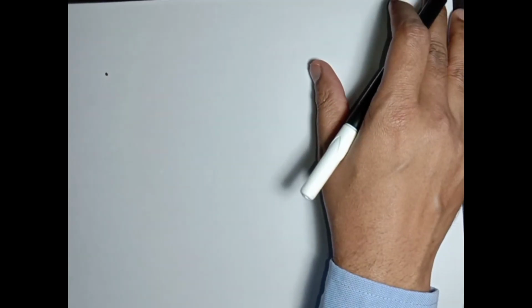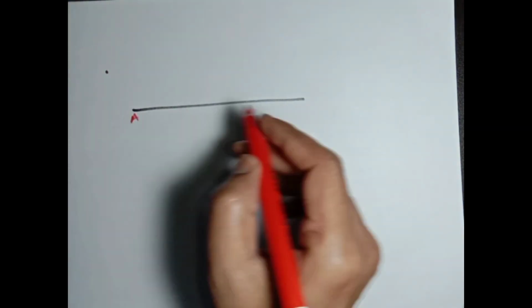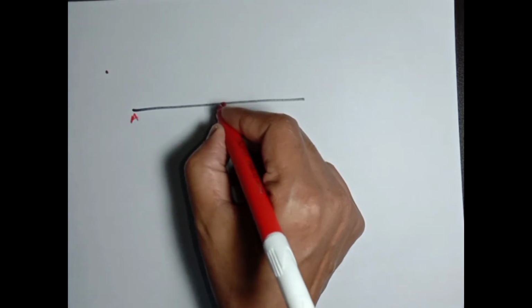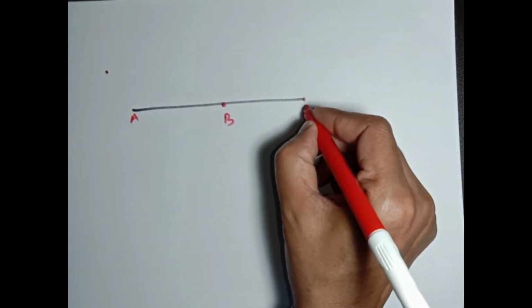So we will draw a bending moment diagram here, something like this. This is the beam, this is point A, this is point B, and this point is C.